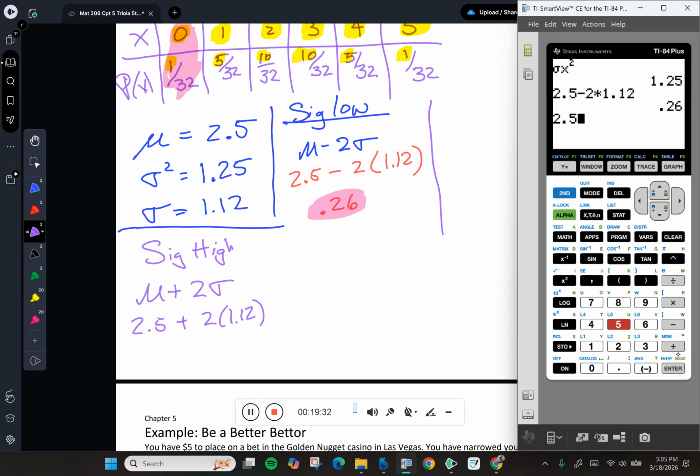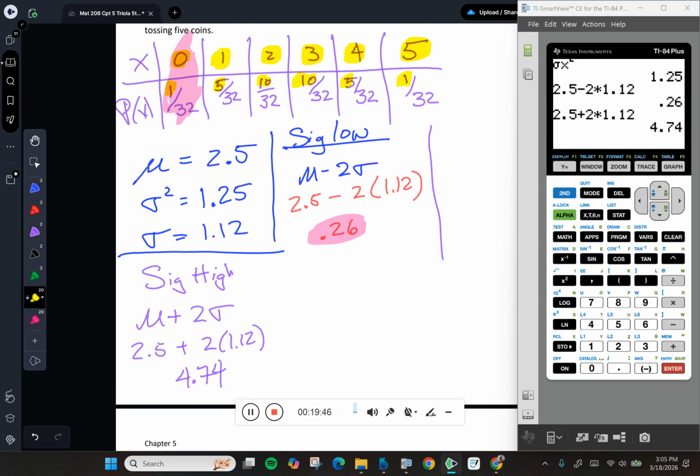So 2.5 plus 2 times 1.12, 4.74. So anything above 4.74, and I should look at it and go, well, the only thing that's above 4.74 is 5.